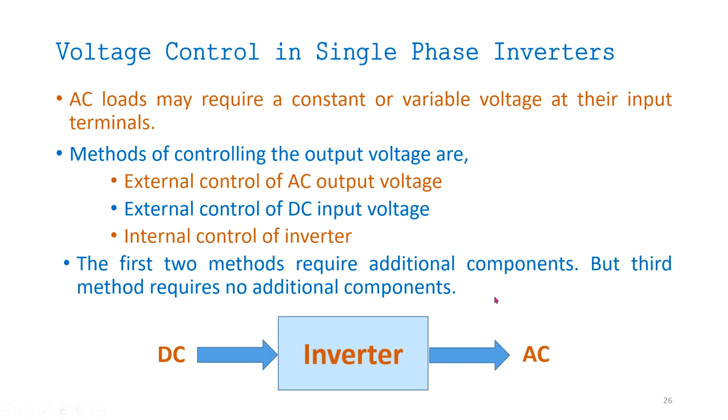In the case when you modify this one, you need to attach some regulators over here. Of course you need additional components for these first two. However, for the third method, which is the internal control of the inverter, we don't need any additional components. We will see how.